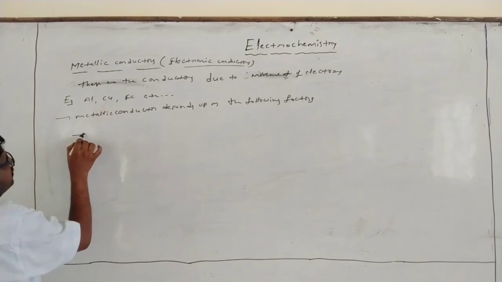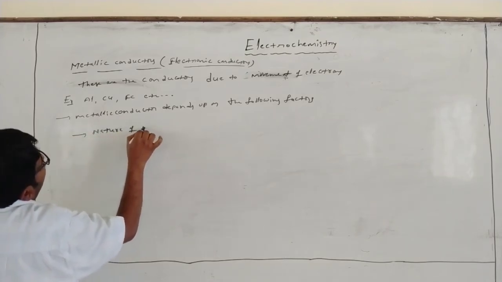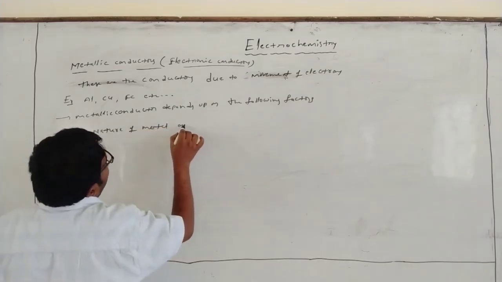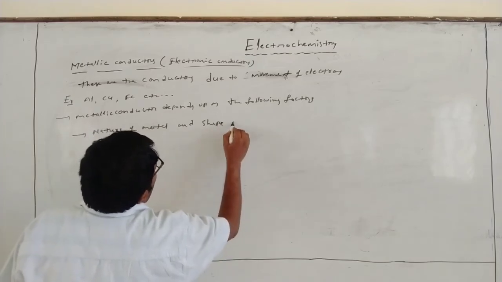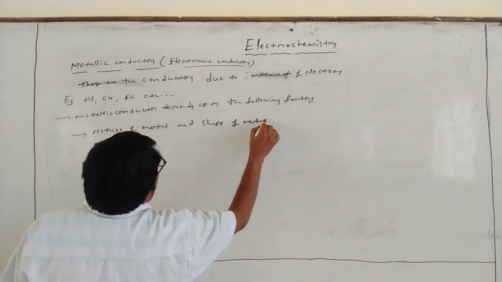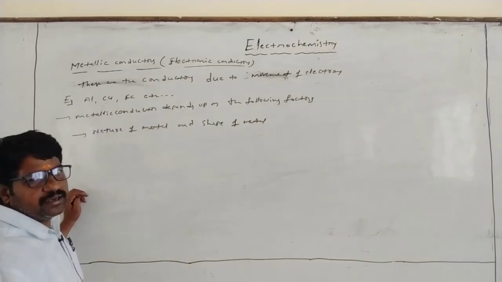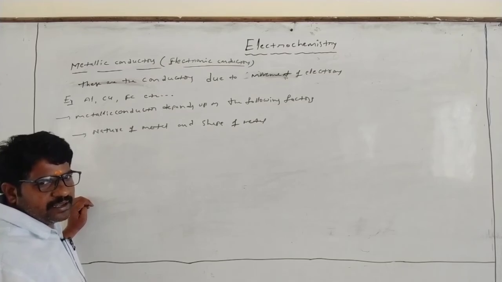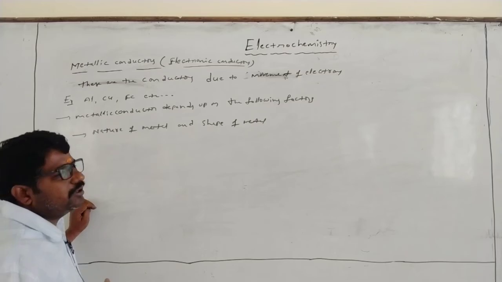First one is nature of metal and shape of metal. Nature of the metals means some metals contain fewer electrons, some metals contain more electrons.